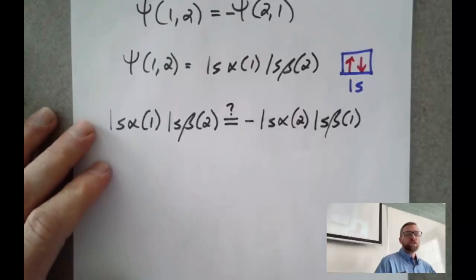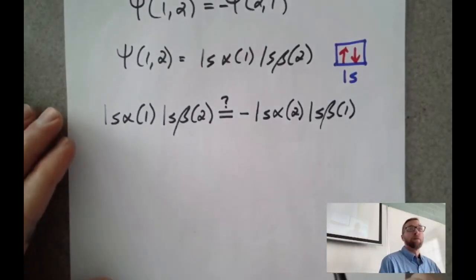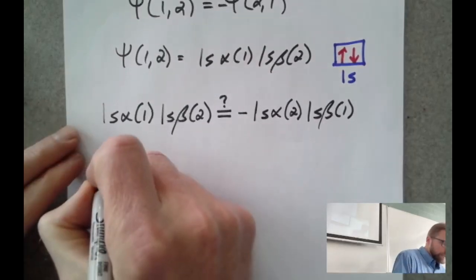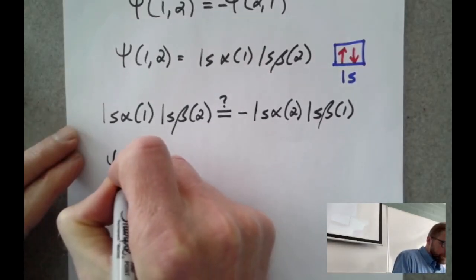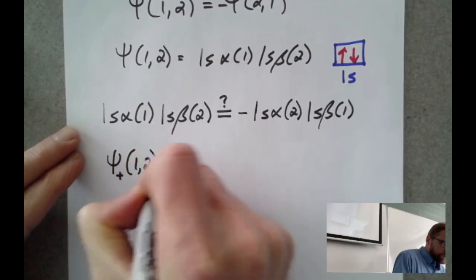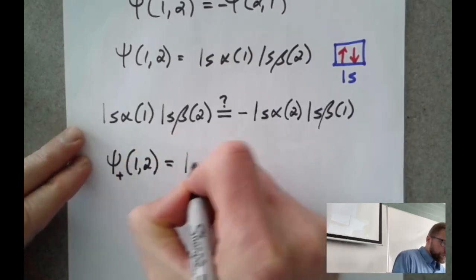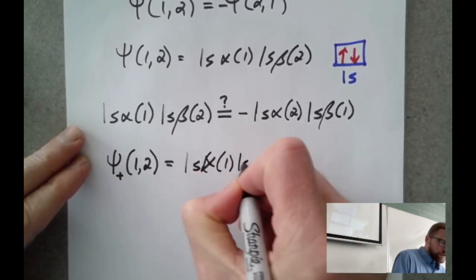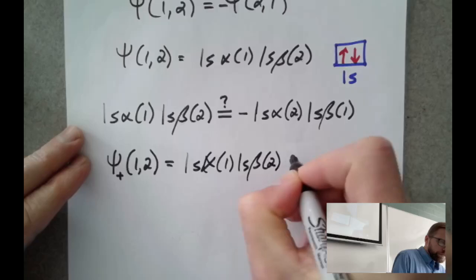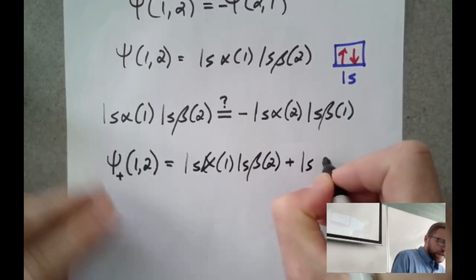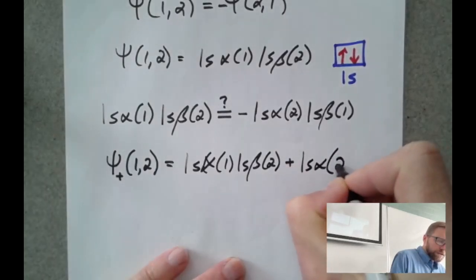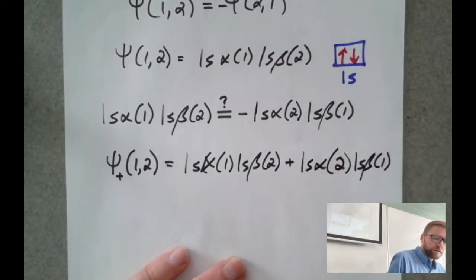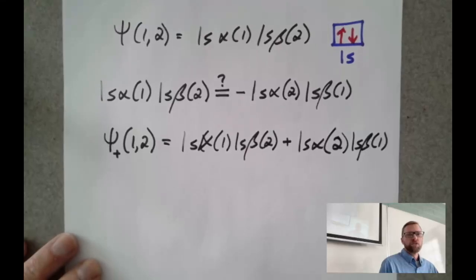So let me offer two options. I'll call it psi plus, which is equal to 1s alpha(1), 1s beta(2) plus 1s alpha(2), 1s beta(1). Okay, that's option 1.